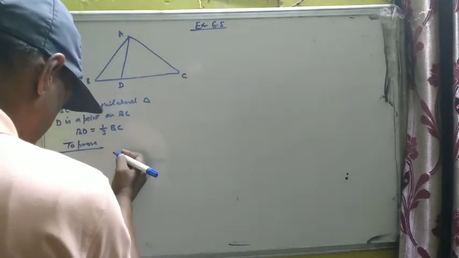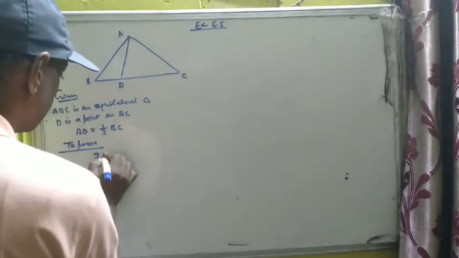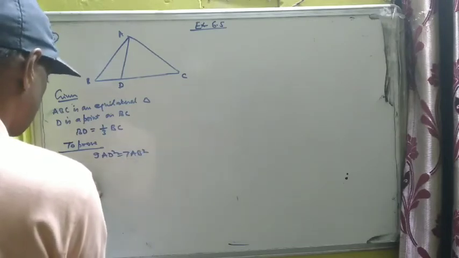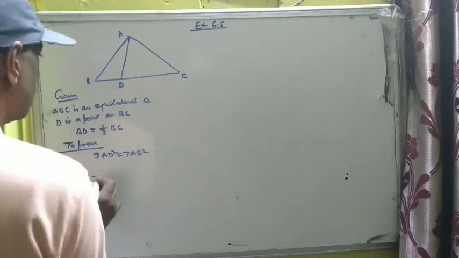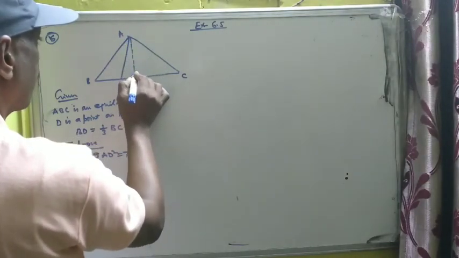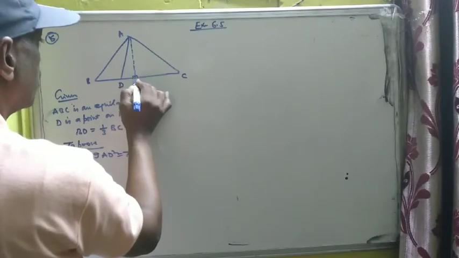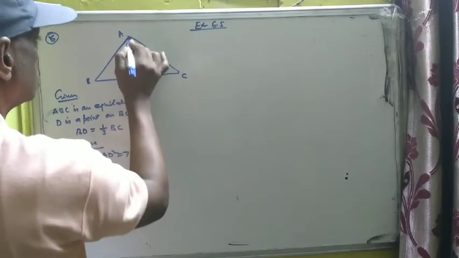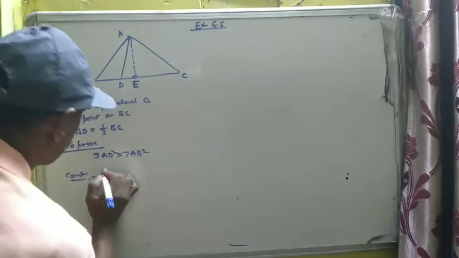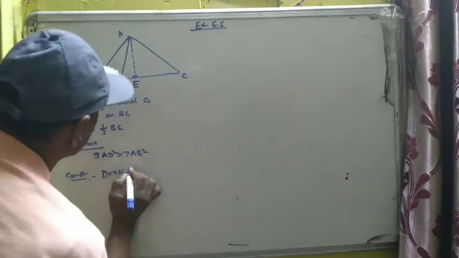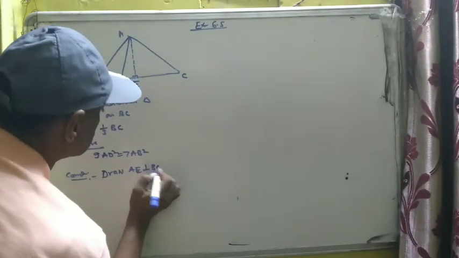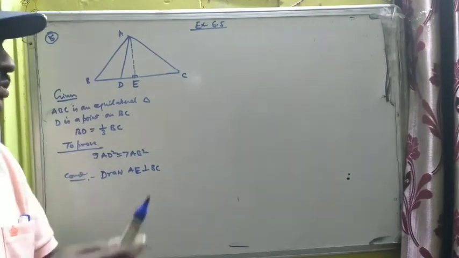To prove: 9AD square equal to 7AB square. Construction: draw AE perpendicular to BC. Now let us solve this question.